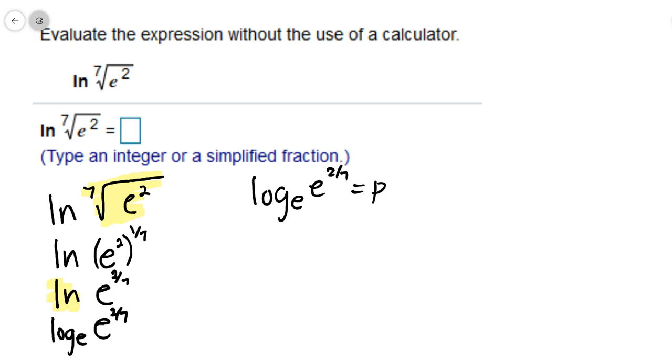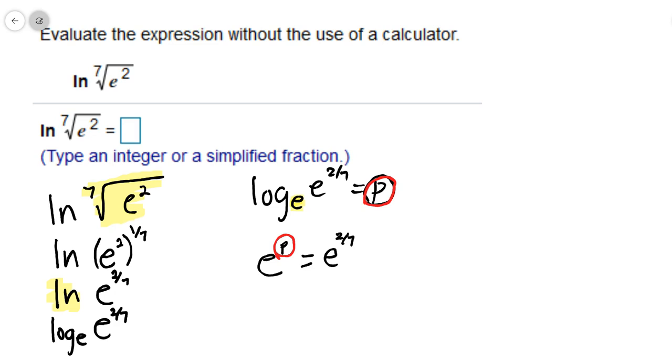As an exponential, I would use this base of e. The log always equals the exponent, and the exponential always equals what's inside the log.